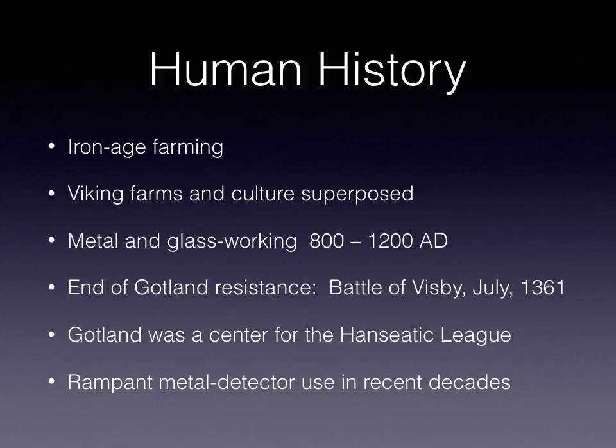You may recall from your history books that around the turn of the millennia before, you had the Roman Empire. The Roman Empire, by the way, collapses at around 400 AD. And that's far to the south, of course. But that period between 400 AD and 800 AD, when the Vikings come back, is a poorly known period in European history.